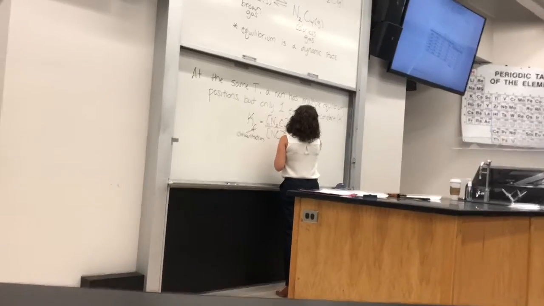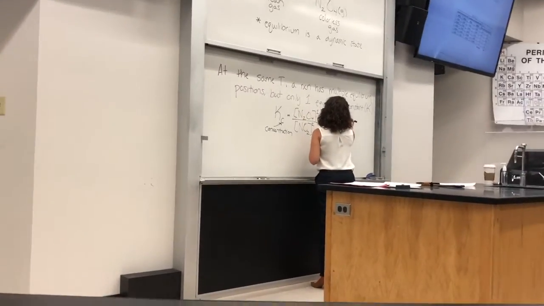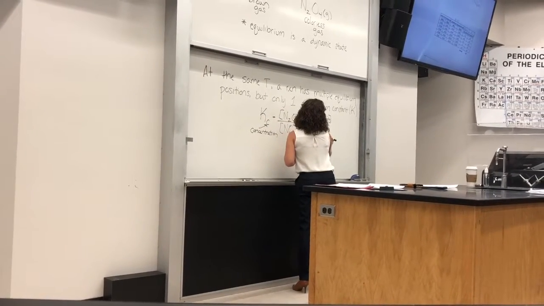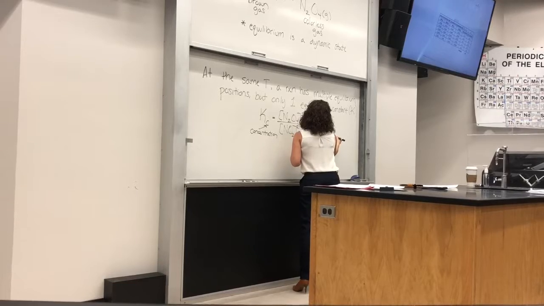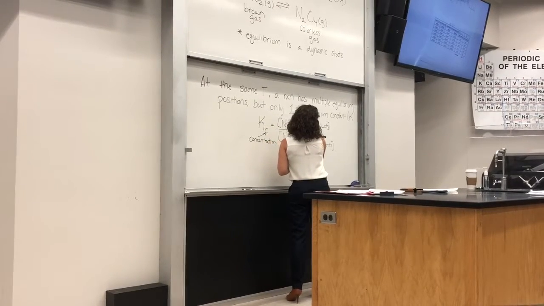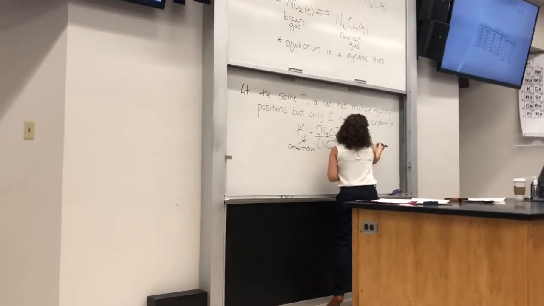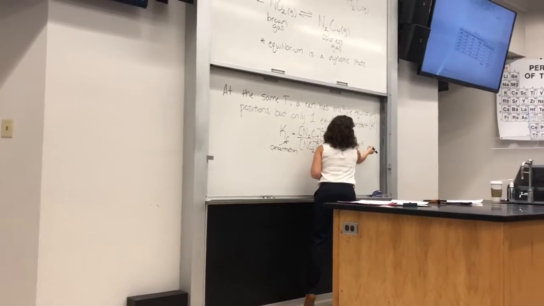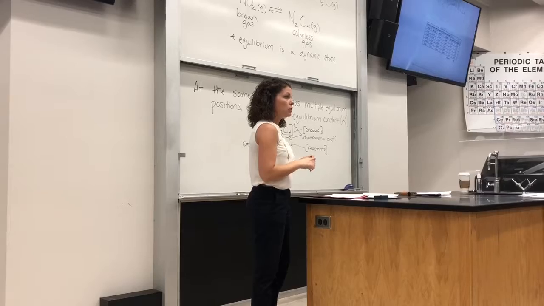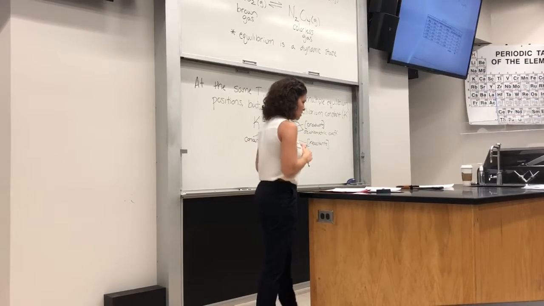So here in the numerator, we always have concentration of products. In the denominator, we have our concentration of reactants. And then both of them are raised to their stoichiometric coefficient, that's from the balanced chemical reaction. So you're always going to make sure that your reactions are balanced before you write the equilibrium constant expression.